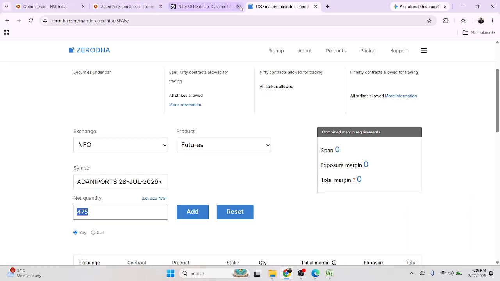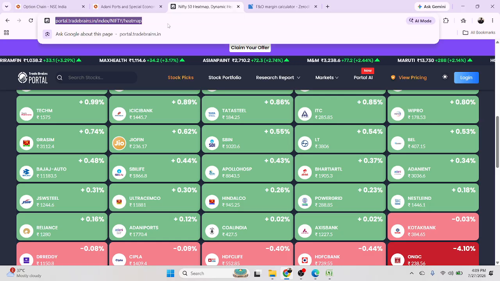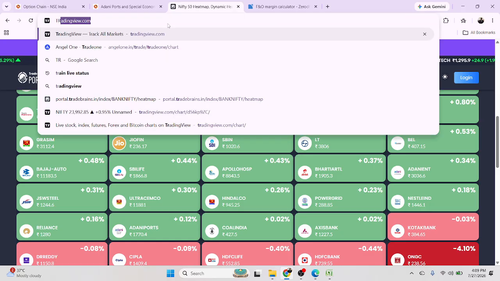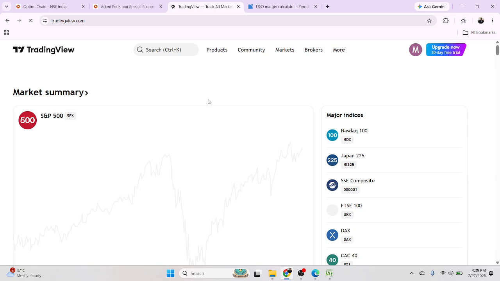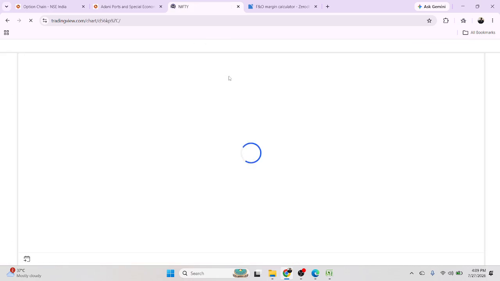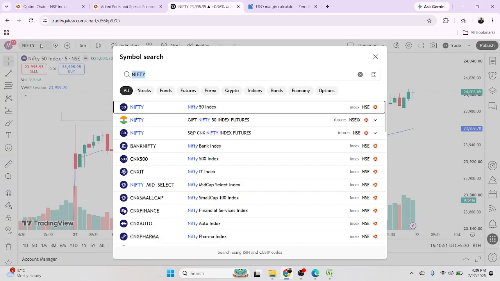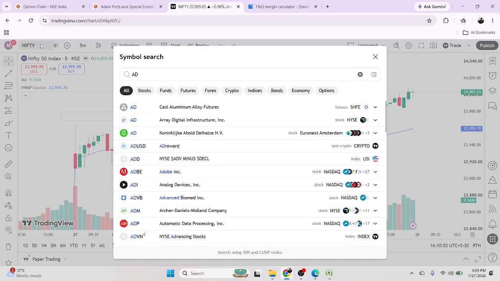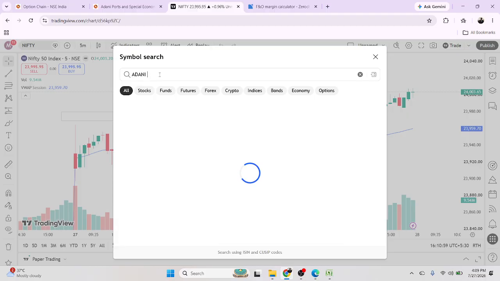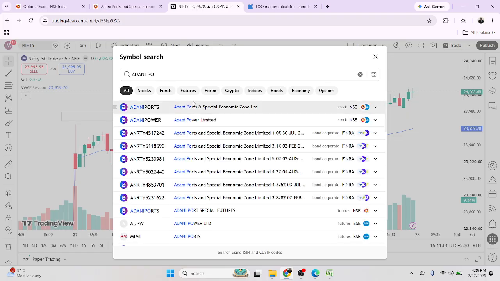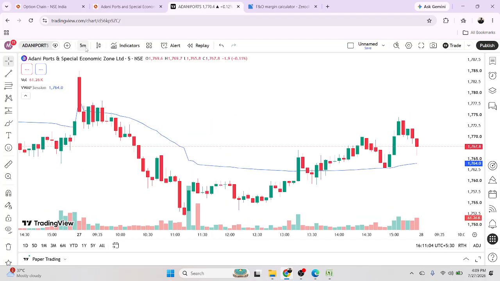Now, if you analyze the chart as well, this is Adani. You can see this is today's session.